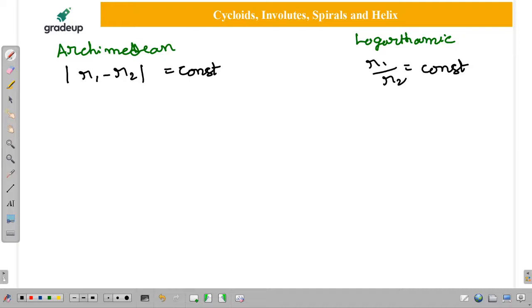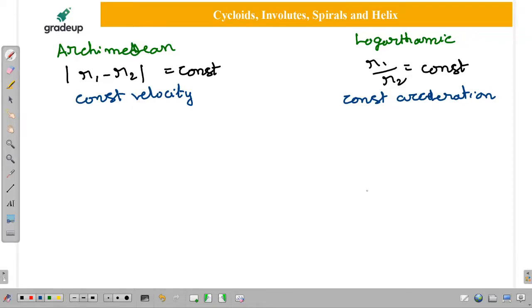Now, sir, what is this? If it is moving with constant velocity, that is the Archimedean case. Here it is a constant acceleration. Ratio is constant means for every one second it is going to increase.